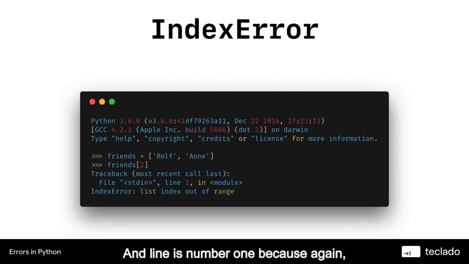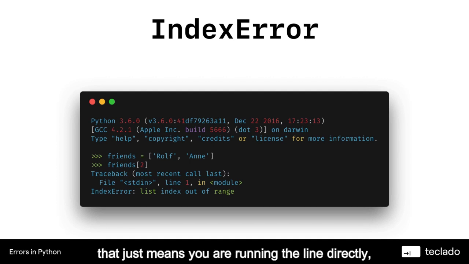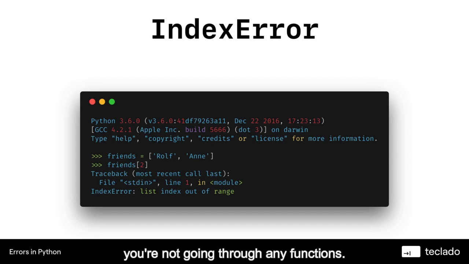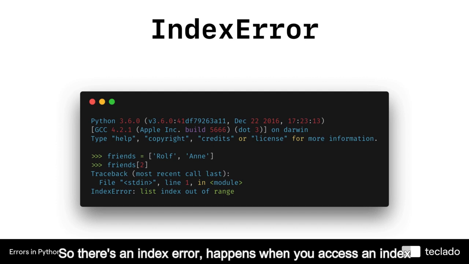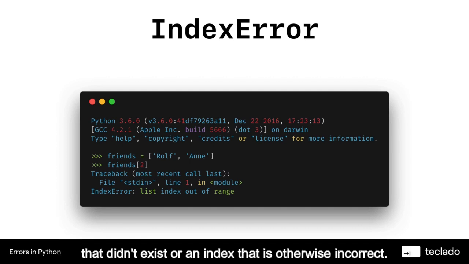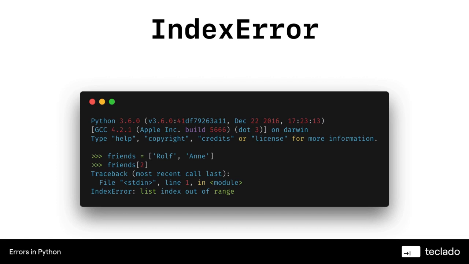And line is number 1 because, again, every line is number 1 in interpreter mode. And the module is just the module I'm running with. And that just means, when it says in module, that you are running the line directly. You're not going through any functions. So this is an index error. It happens when you access an index that didn't exist or an index that is otherwise incorrect.